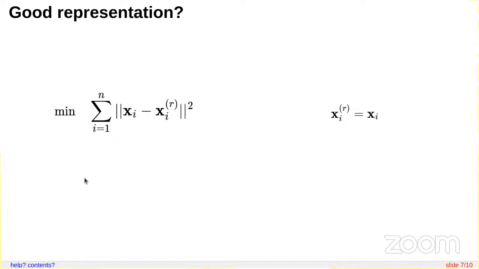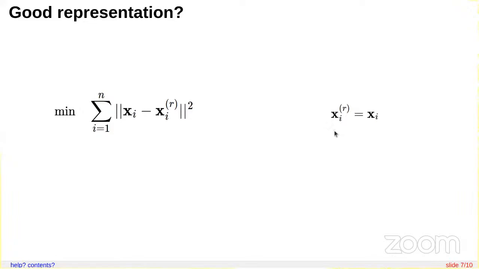Okay, that's a minor point, I agree, but this is still a scalar multiple of that error, right? The larger question is, if I set the reconstruction to be the original point itself, I get 0 error. So is this a good reconstruction or representation?